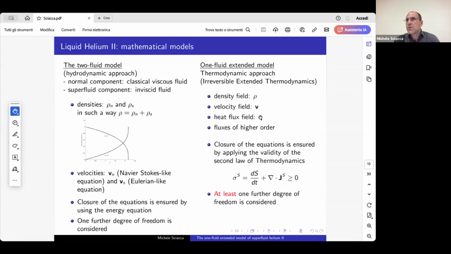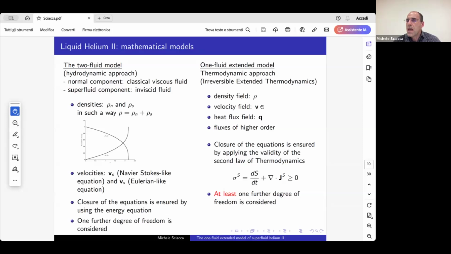If you think in terms of this approach, what I realize, thinking in terms of the one-fluid model, is that in co-flow, q being approximately zero would mean that the degrees of freedom of your system are not given by rho, v, q, but by rho and v.